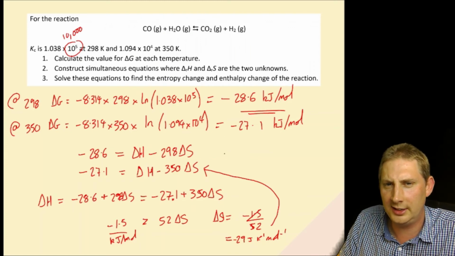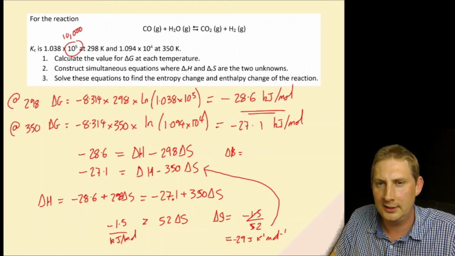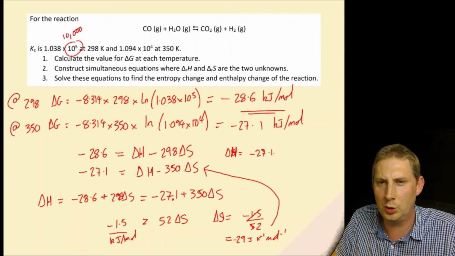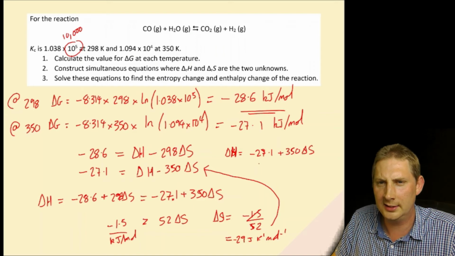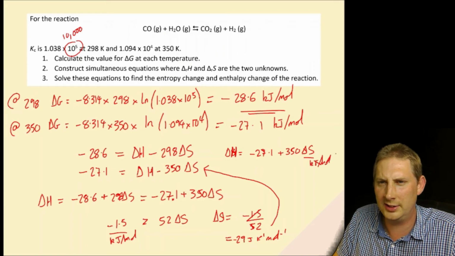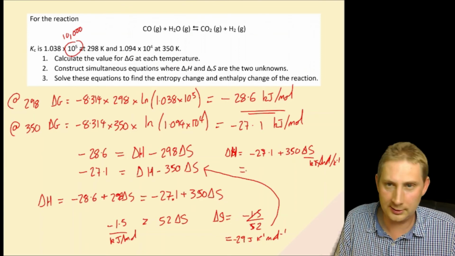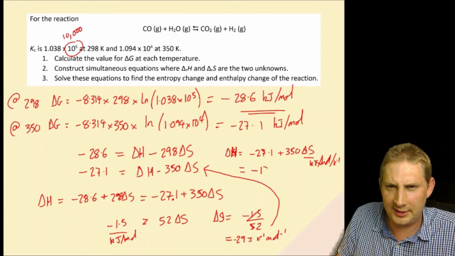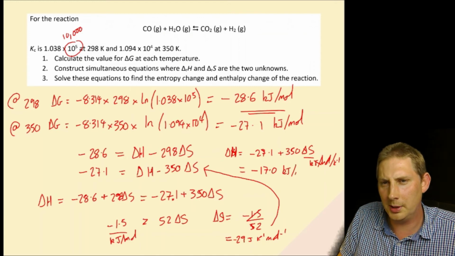So let's substitute it into the second one. So delta H equals minus 27.1 plus 350 delta S. And of course, remembering that that is going to be in kilojoules per mole per Kelvin. So that equals minus 17.0 kilojoules per mole.